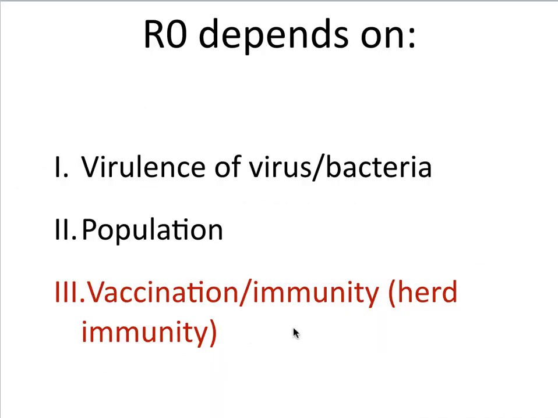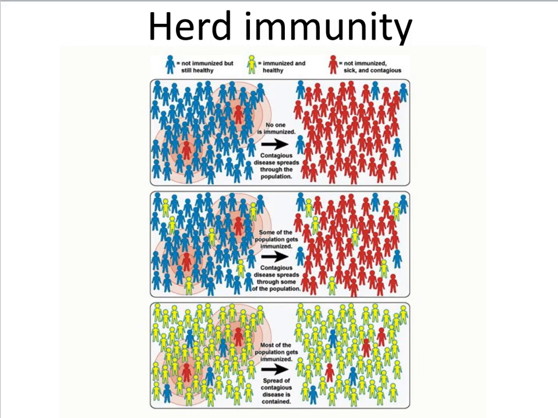So another good way to reduce R0 is vaccination or inducing immunity, and we're going to discuss herd immunity with that. So what is herd immunity? Herd immunity is having many people in the population immune against the disease to prevent spread to non-immunized people.